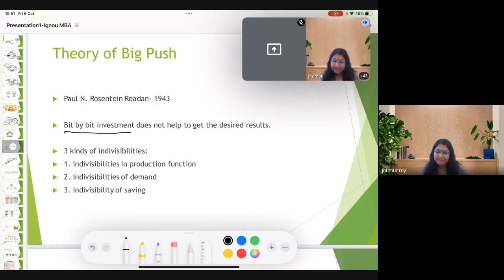So they said that you need to put in the big push in three areas. First, the big push should be in production function. Second, big push should be in the area of demand, and third, big push should be in the area of saving. What do we mean by the big push in the area of production?